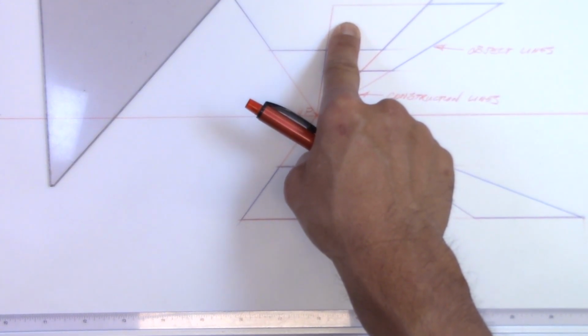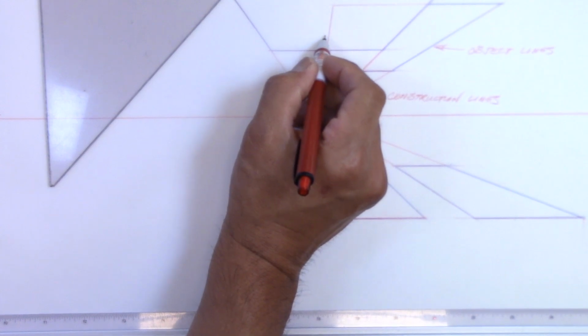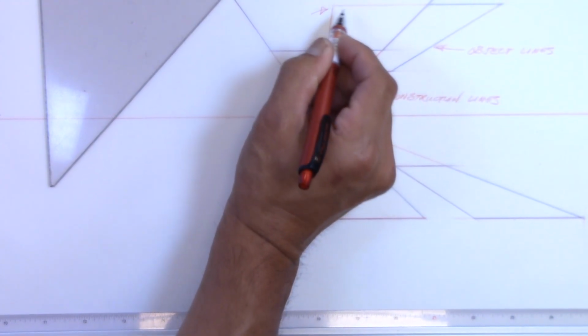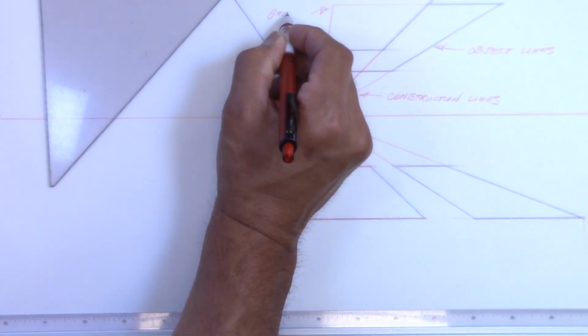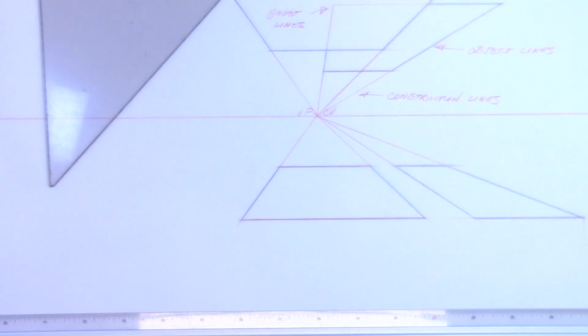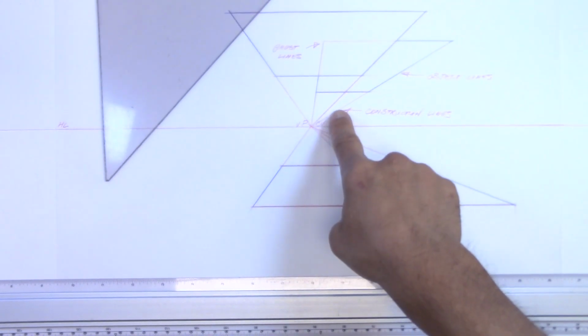These are also construction lines, but because it's hidden, we call them ghost lines as well. Ghost lines are ones that remain hidden or not easily seen. They are lighter. Construction lines are also pretty light. Ghost lines are very light.